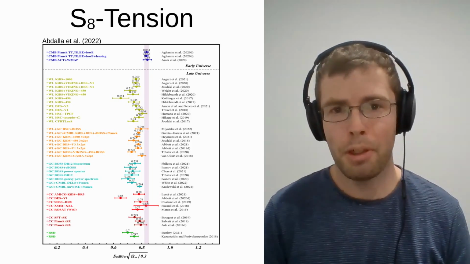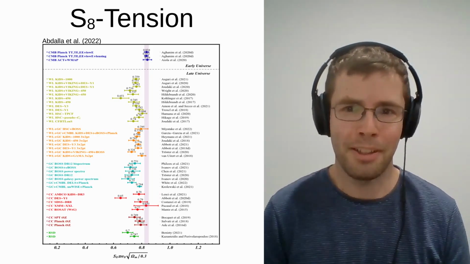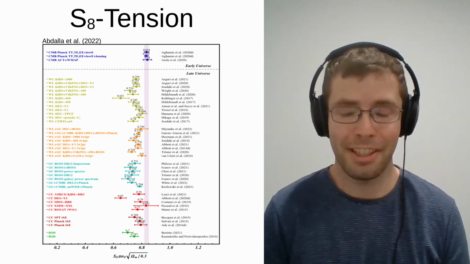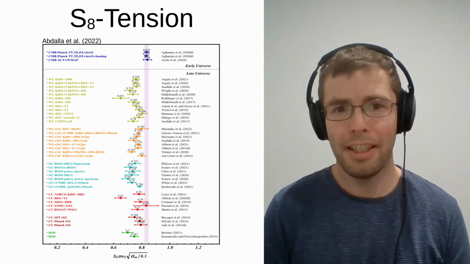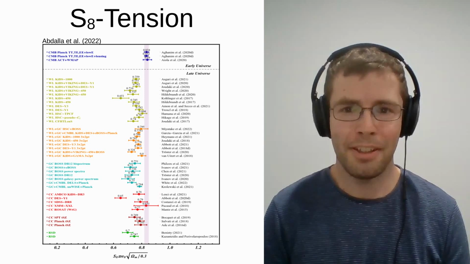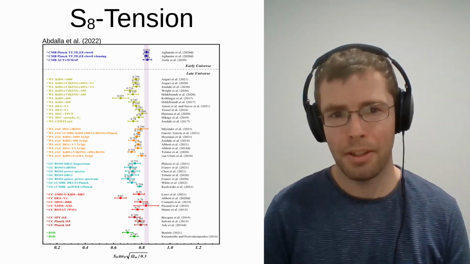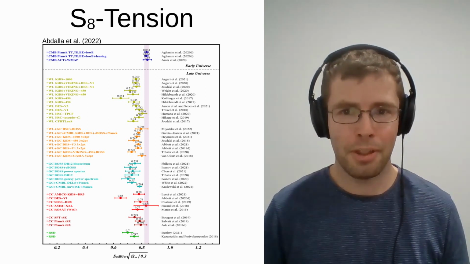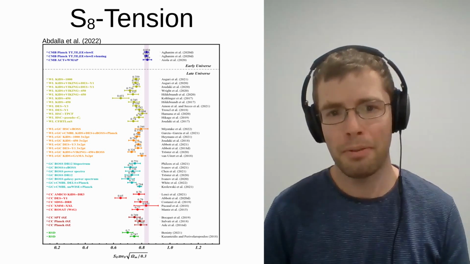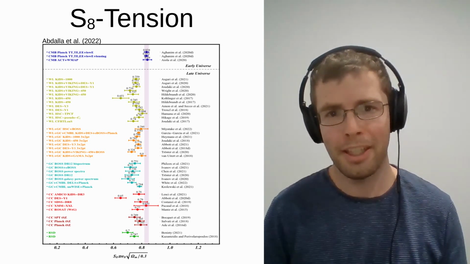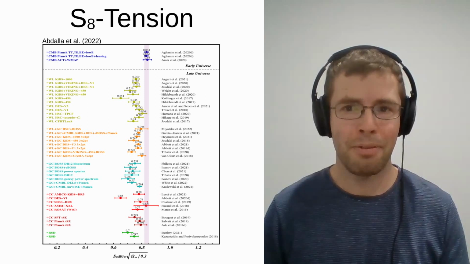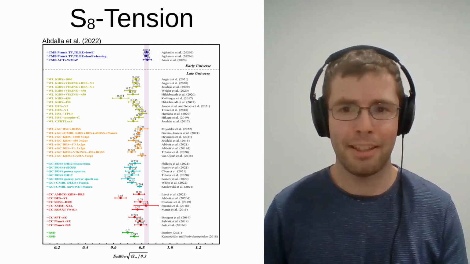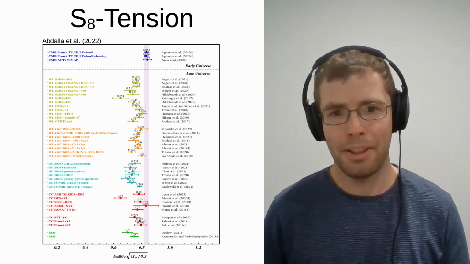Yeah, so one of the motivations for this work, and I don't think I need to talk about this because it has been mentioned quite a few times on this channel, is the possibility of the existence of an S8 tension. So when we analyze large-scale structure statistics at low redshift, we tend to infer a lower value for S8 than what we infer if we look at the CMB, particularly Planck, and assume lambda CDM.